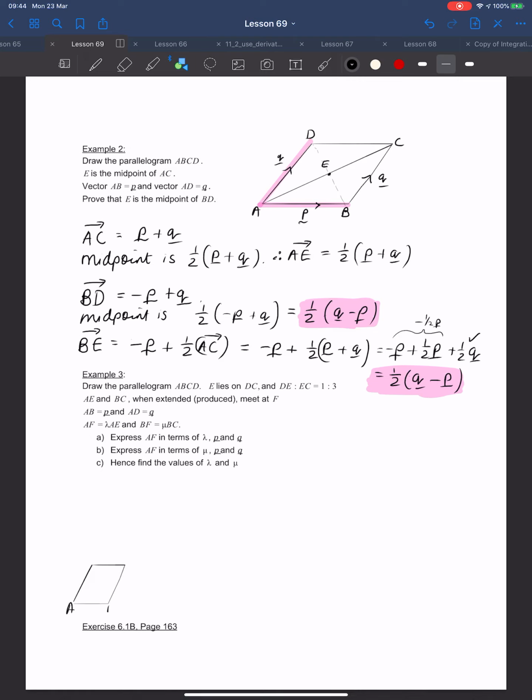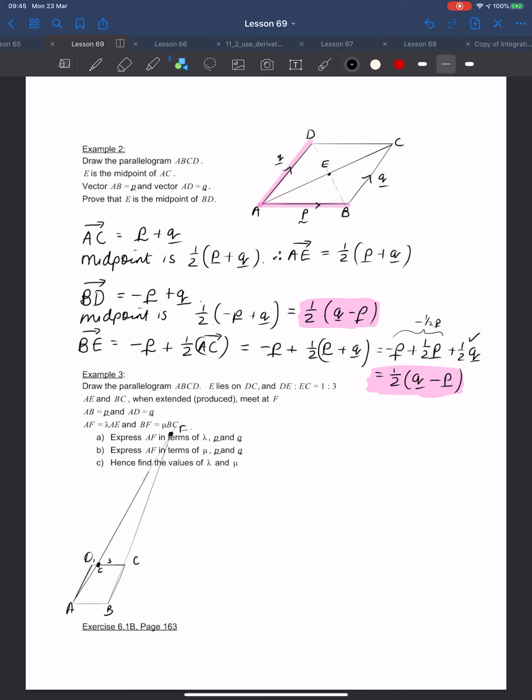Right, A, B, C, D, and E is about there. Okay, so it says A and E and B and C when extended meet at F. So let's extend them. A to E extended, B to C extended, meet at F, which is up there. Okay, and that's 1 there, and that's 3.